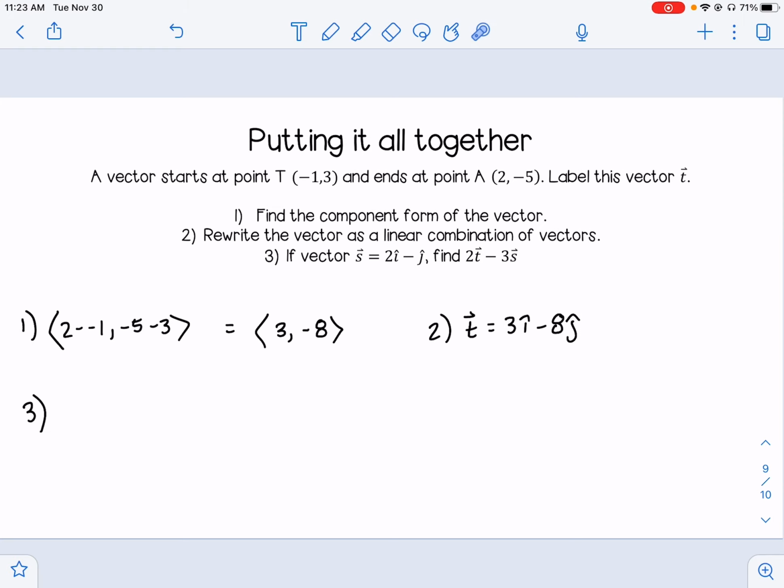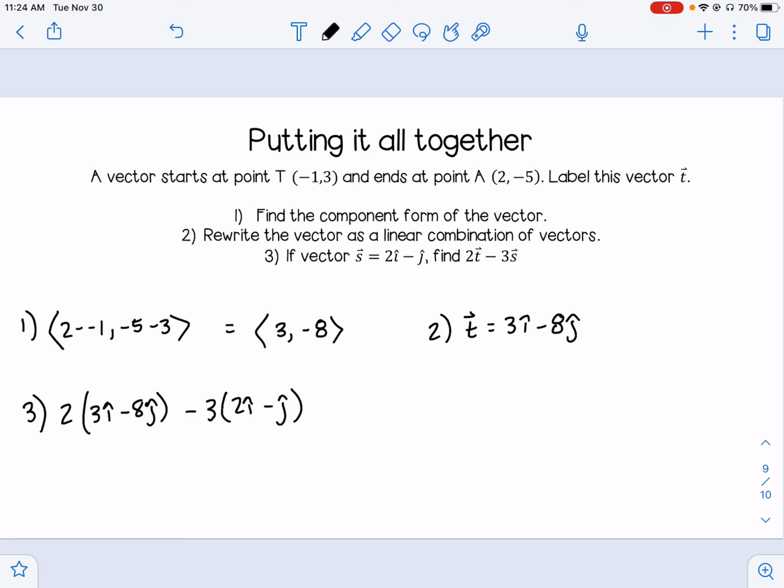Number 3 then actually asks us to do some math. It says vector s is given as 2i minus j, and it wants us to find 2 times t, well, t was 3i minus 8j, minus 3 times s, well, s is 2i minus j.